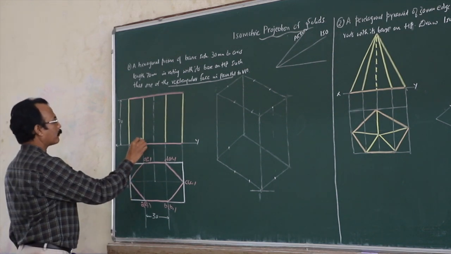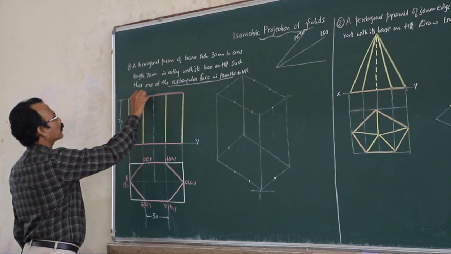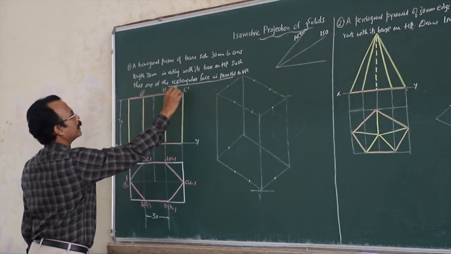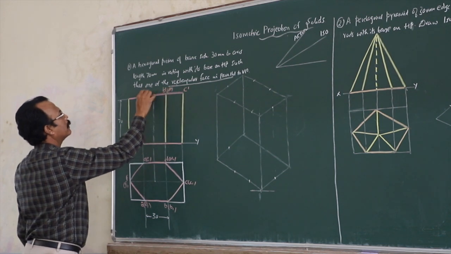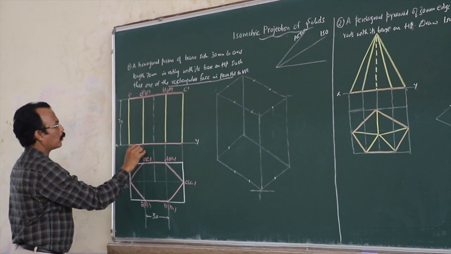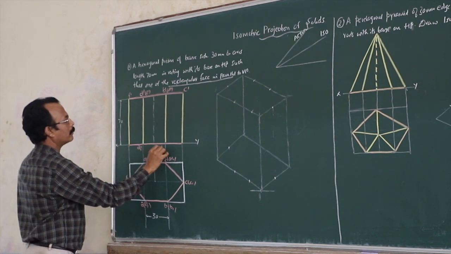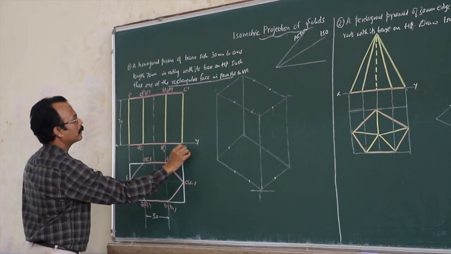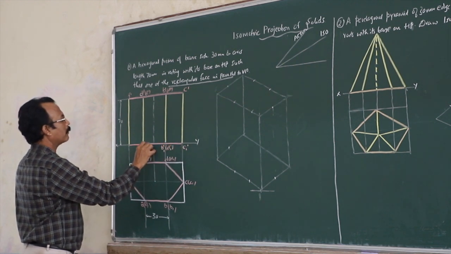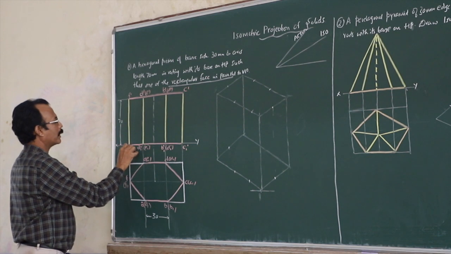Then you mark them in the front view. See, this is your top face. A, B, C visible, D hidden, E hidden, F visible. Similarly, at the bottom, A1 visible, B1 visible, C1 visible, D1 hidden, E1 hidden and F1 visible.